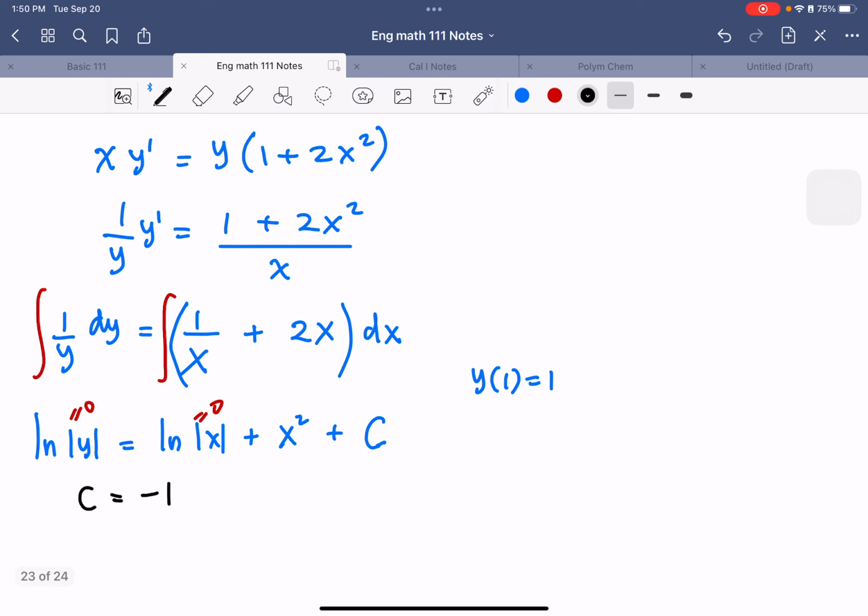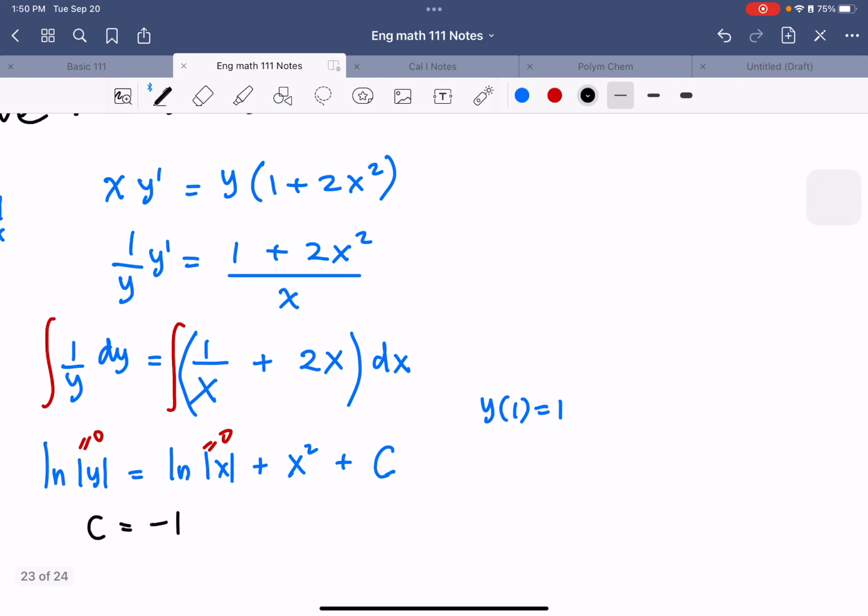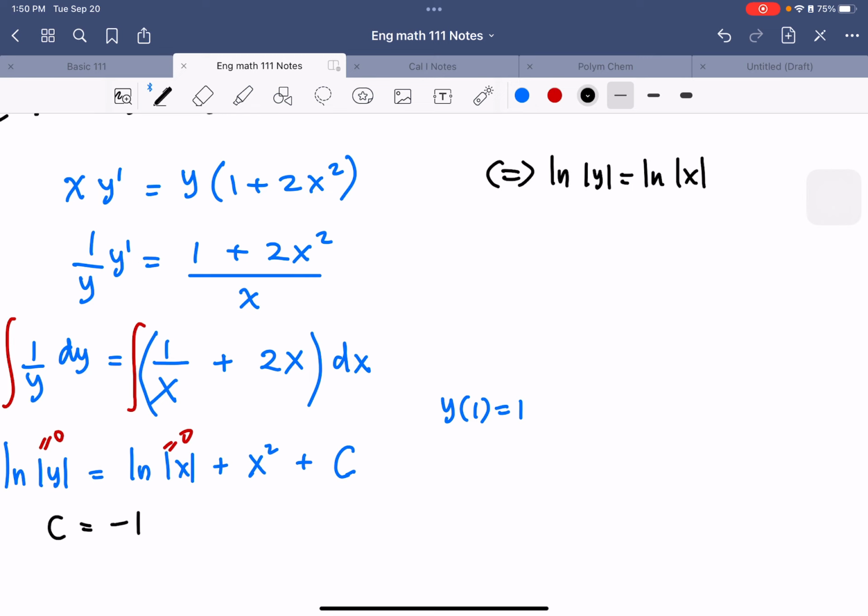So from this C, we can complete our equation. Let me write it here. ln y is ln x plus x squared minus 1. We can exponentiate with e to erase the ln for y. So we have y equals e to the... let me write it completely here.